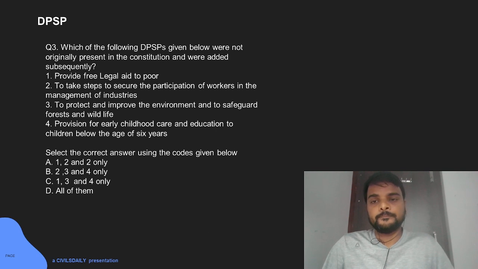So first, provide free legal aid to the poor. It is provided in Article 39A. So whenever you see A, B, C, D, they are likely to be the result of an amendment.